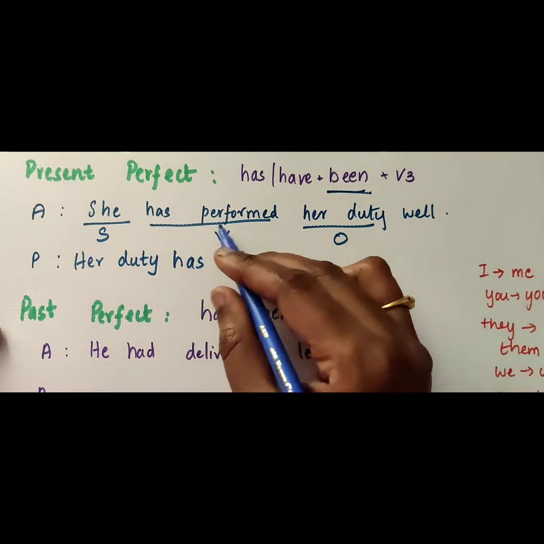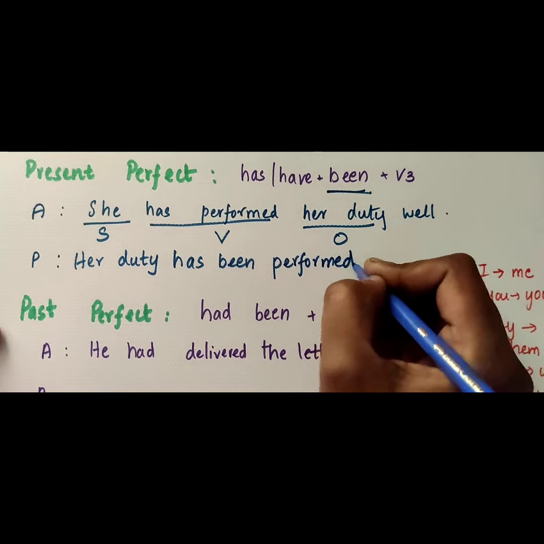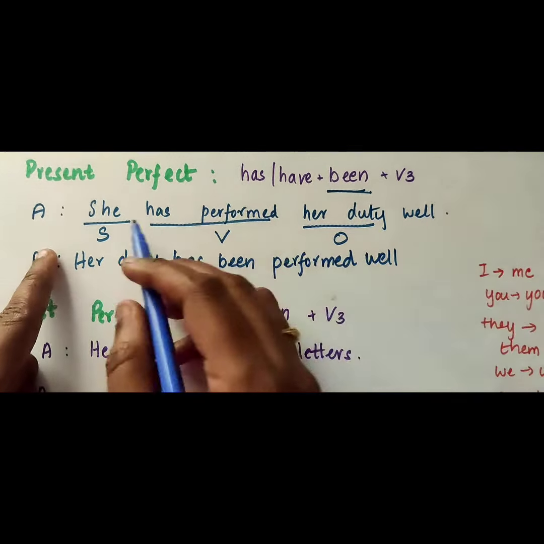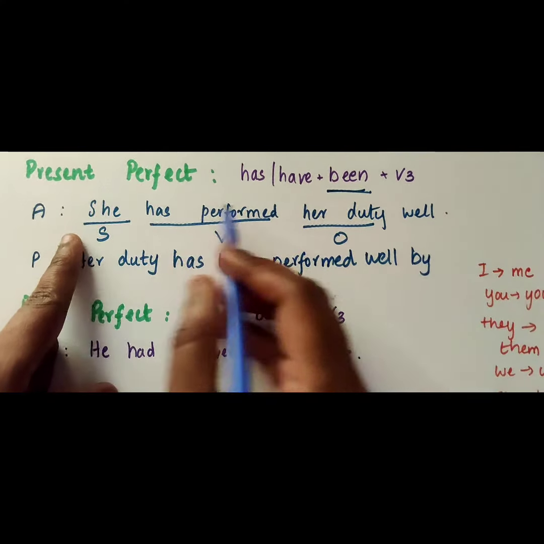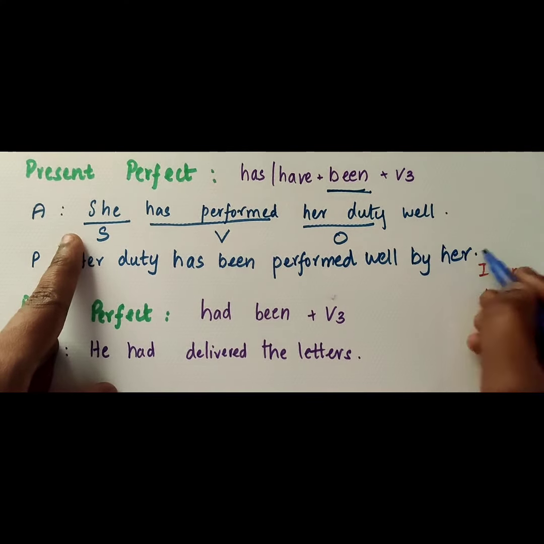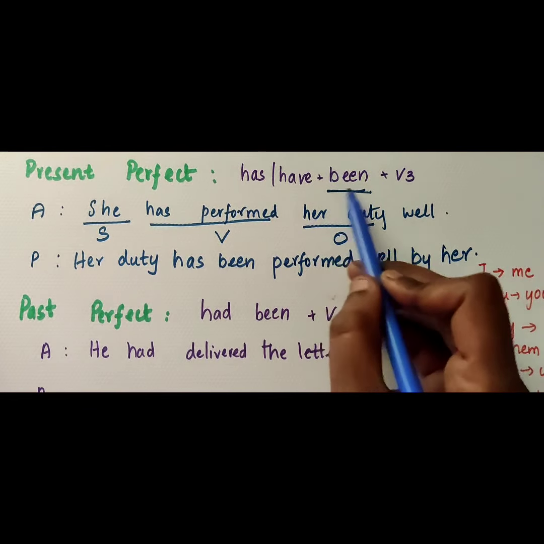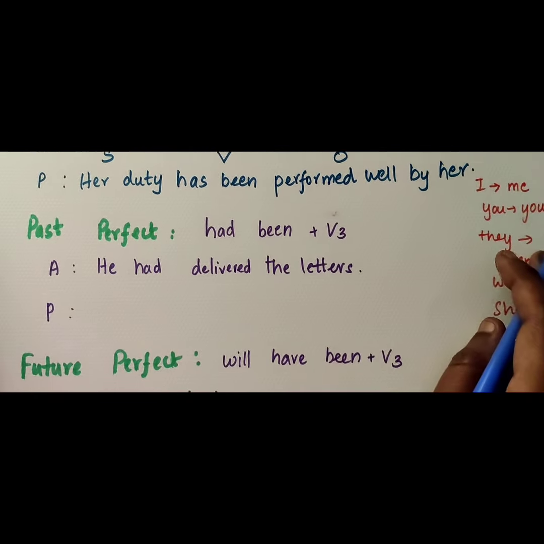The third form of perform is performed only. Have been performed. We will add well here. Performed well. At the end we will add by. She will change to her. Okay. Note, you have to add been in the perfect tense, in the passive.